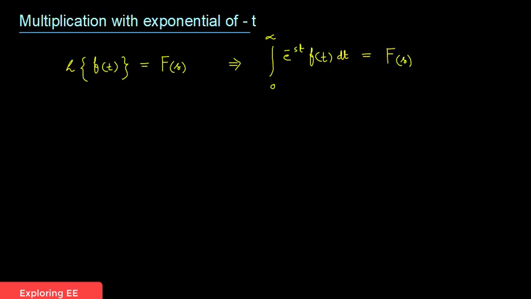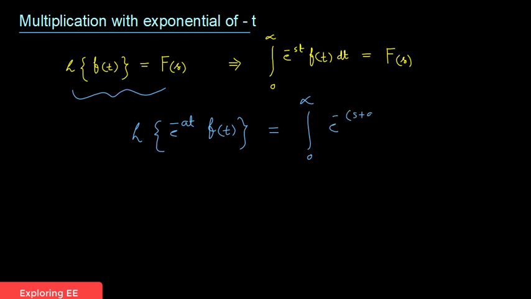Next, multiplication of a function with e to the power minus at, exponential of minus at. As we know, if Laplace transform of a function ft is given by capital F of s, then Laplace transform of the same function if multiplied by e to the power minus at, it will be integral of e to the power minus s plus a multiplied by t into ft dt.